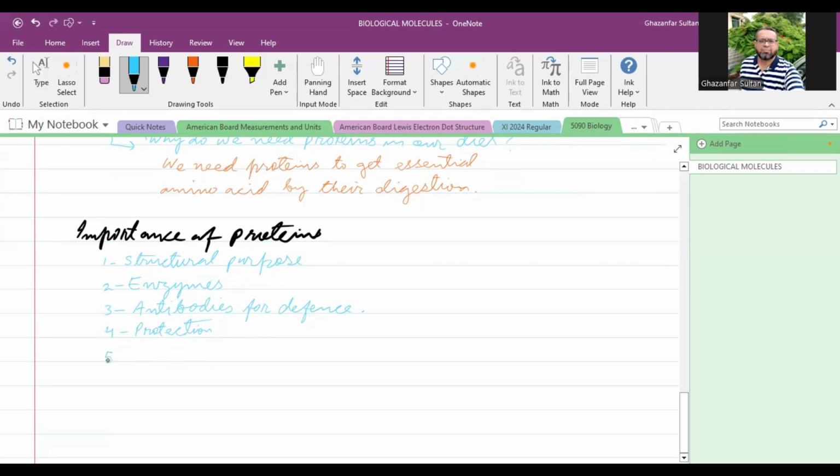And another important function that you will study and you know are the transport proteins. You know one of the examples of transport protein very well. Transport proteins are responsible for transportation of certain material within the body. For example, hemoglobin for transfer of oxygen.